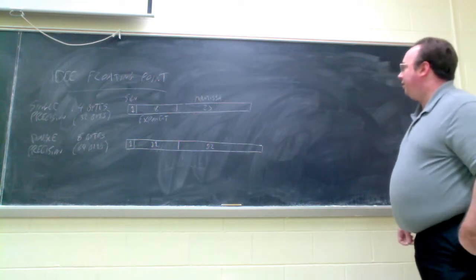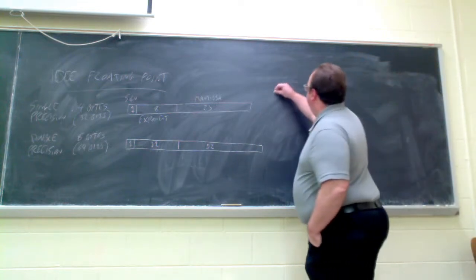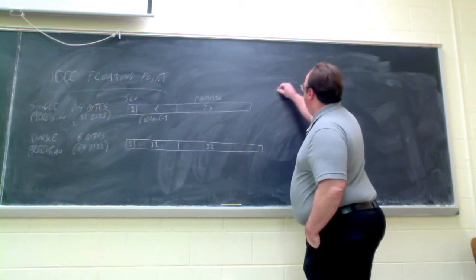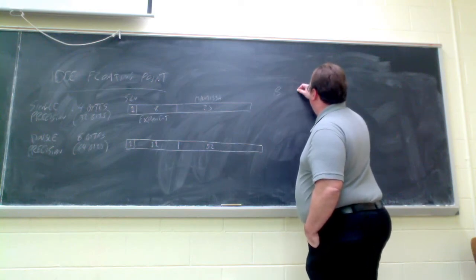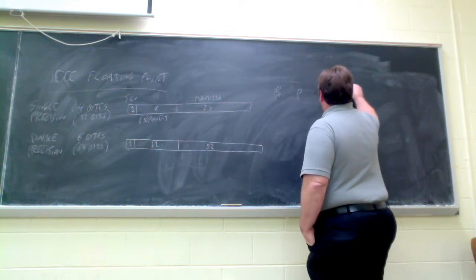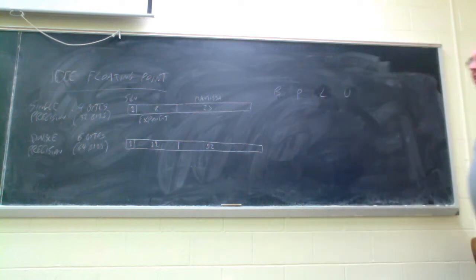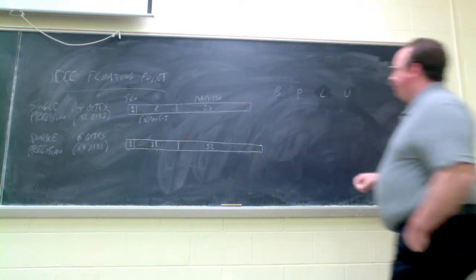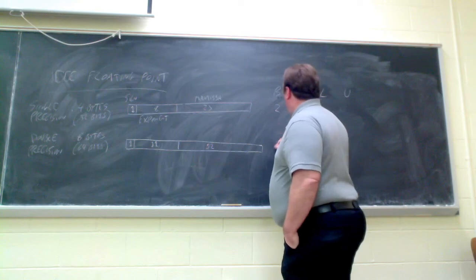Okay, so if I write down the 4 central parameters for a floating point system, we have base beta, precision p, the smallest exponent L, and the largest exponent U. Now the base for both of these is 2, it's all binary.